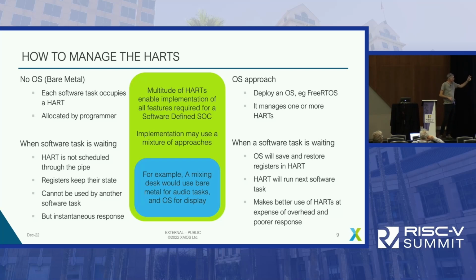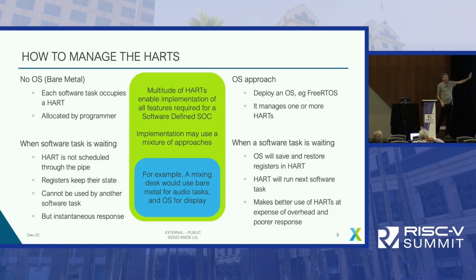And in the OS approach, when a software task is waiting for I/O, communication, whatever, the OS can reschedule another task in, and it will do that by saving and restoring the thread context in some piece of memory. So it makes better use of the harts at the expense of not having as good a real-time property. Saving all the context will take a while, right? What we're talking about here is tens or hundreds of microseconds of time between context switches.